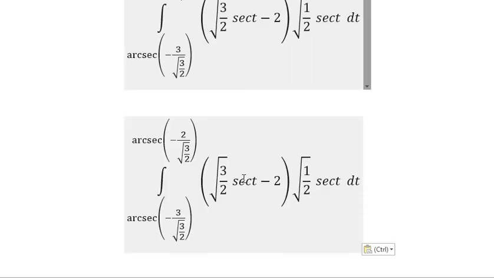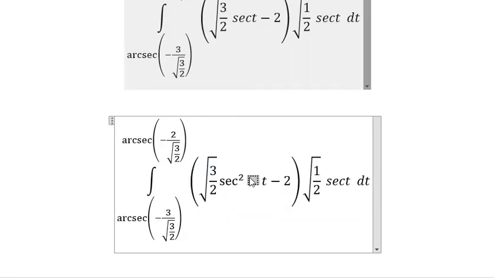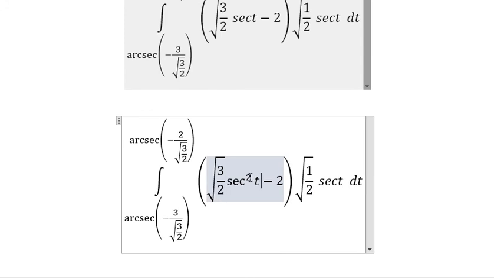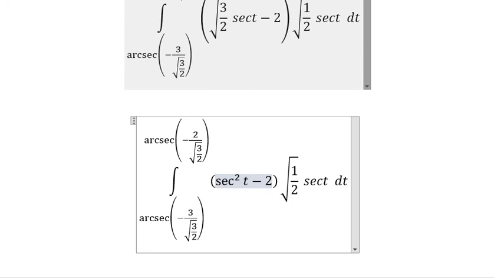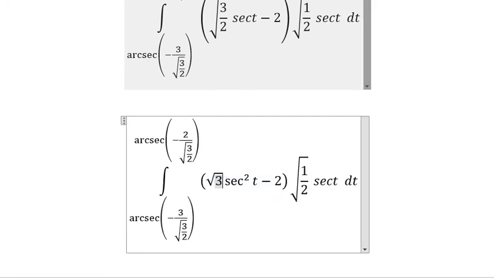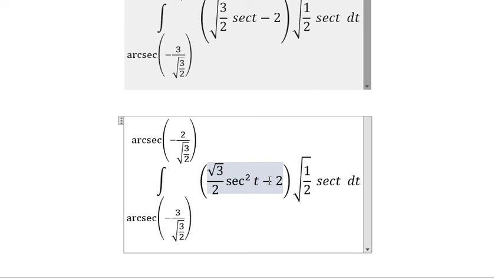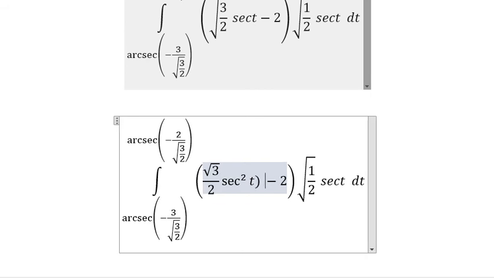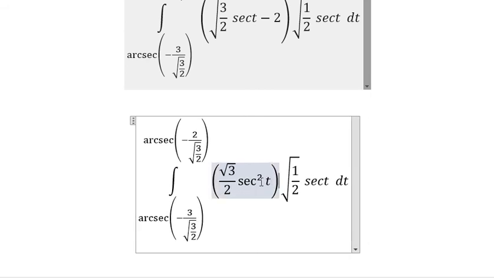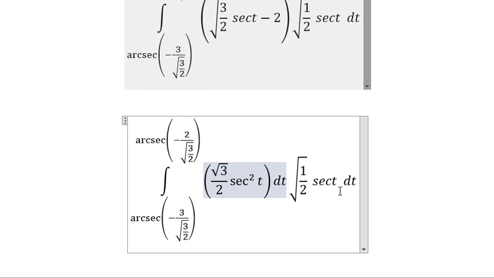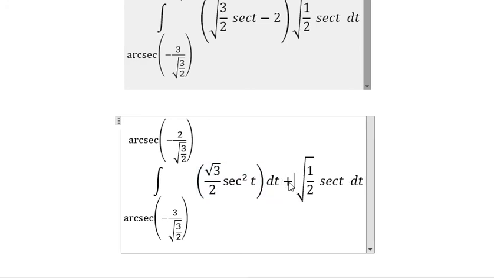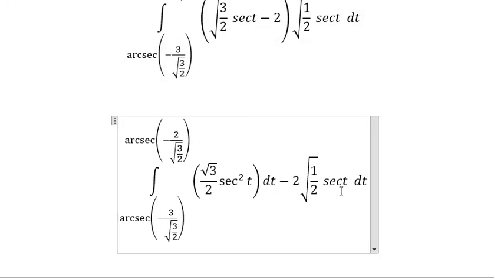The first one is secant t squared, and you got square root of 3 over 2. So we put dt in here. The second one should be negative 2 multiplied with this one. And now we have the integral in here.